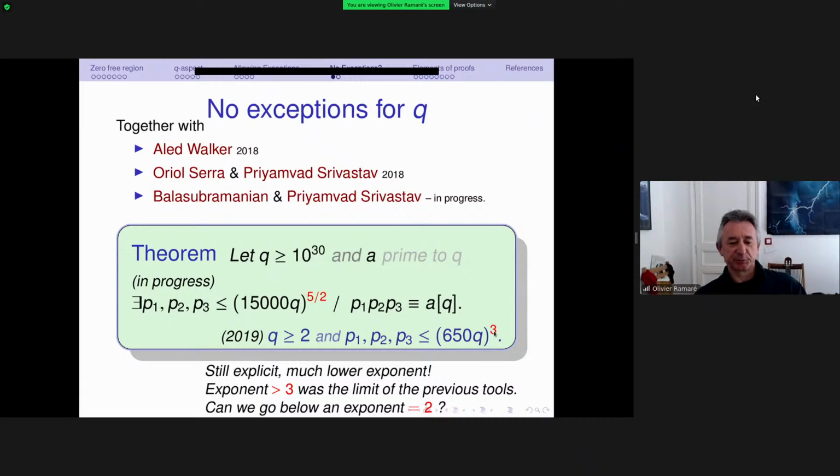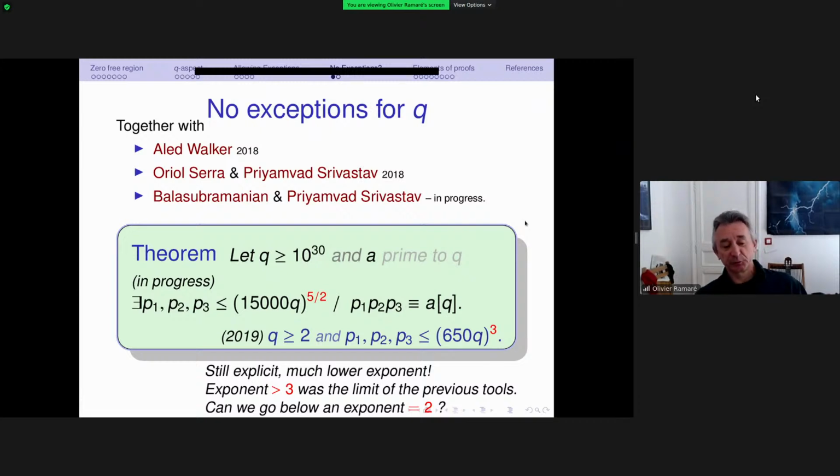So this one is published. And what we're able to get now is less than 3, 5.5. The earlier method was blocked at 3, so we are rather happy with this one. So you see, now we have no exceptions in Q, but we've lost 1 prime. We have 3 of them. But still, we have exactly 3 of them.